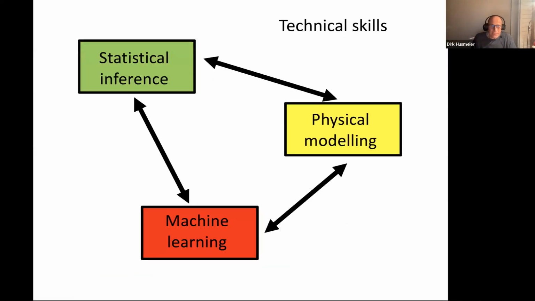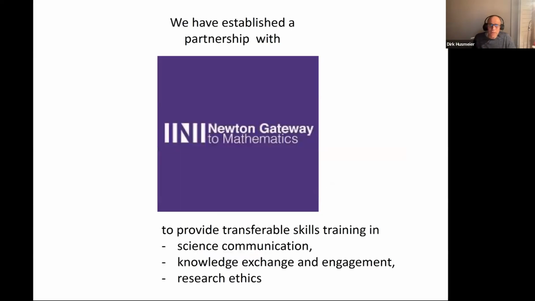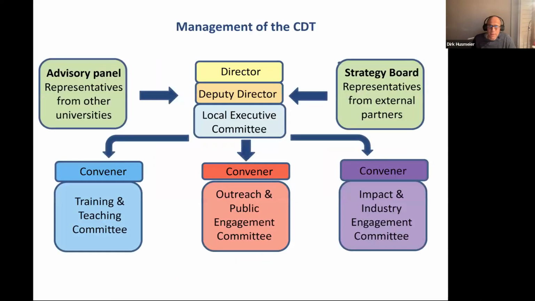And that includes technical skills, as I've already mentioned. We want to bring together skills related to physical modeling, statistical inference, and machine learning. But we will also cover transferable skills. So we have established a partnership with the Newton Gateway to Mathematics to provide transferable skills training in science communication, knowledge exchange and engagement, and research ethics.